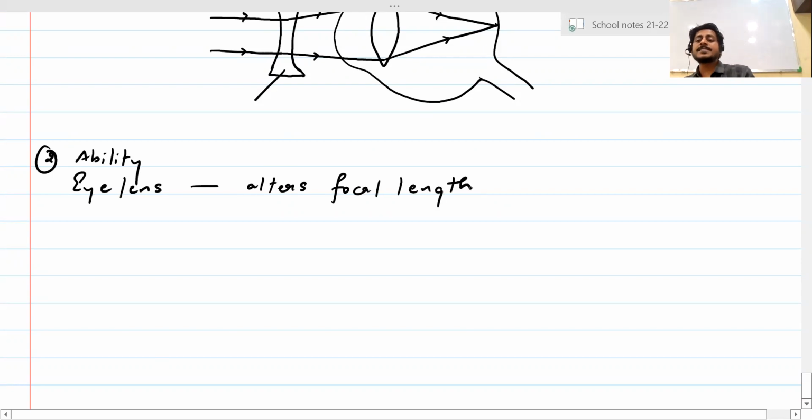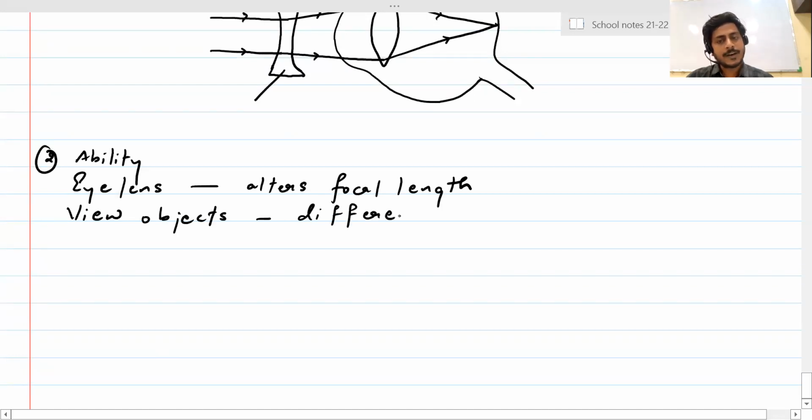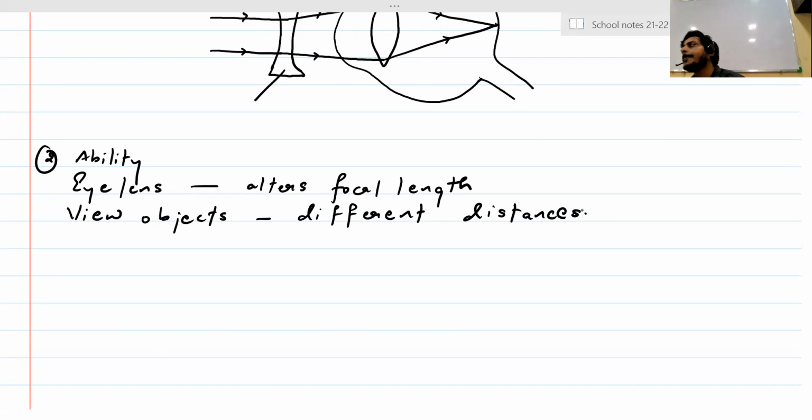By altering this focal length, you can view objects at different distances, which means you can see things which are far away and also things which are close to you. So the ability of the eye lens to alter its focal length so that you can view objects at different distances is called accommodation.